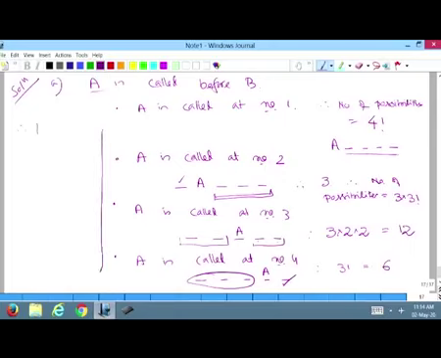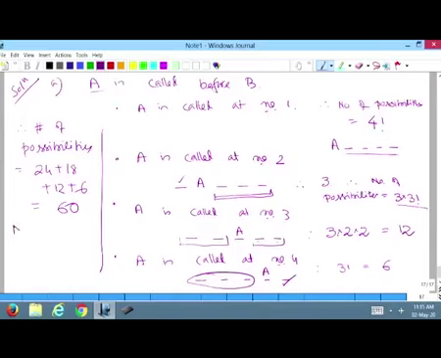Therefore, number of possibilities is equal to factorial 4, which is 24, plus 3 into factorial 3, which is 18, plus 12 plus 6 is equal to 60.